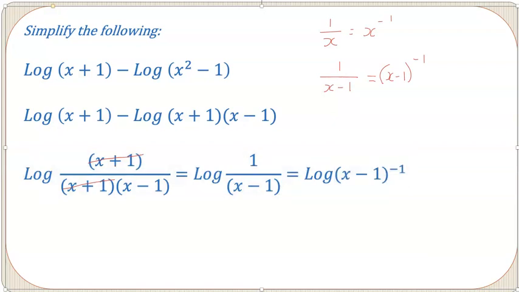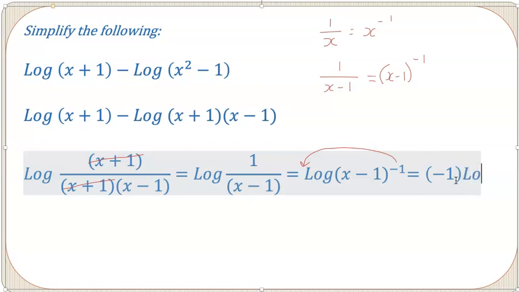Now once we get to this stage, we should remember, again, laws of logs. Once we have a power, we can take that entire power and move it to the front. So that will give us negative 1 log x minus 1.